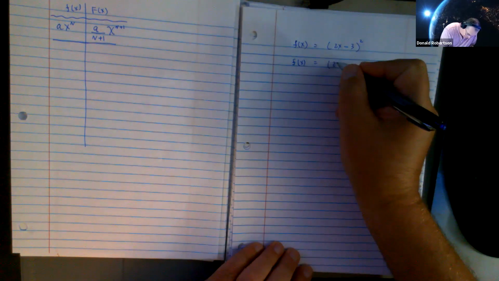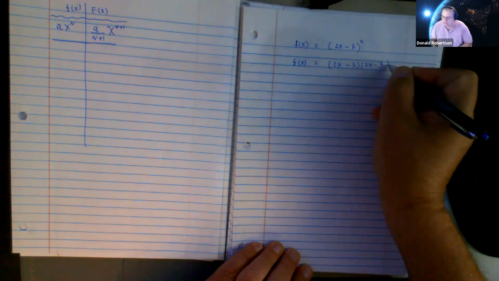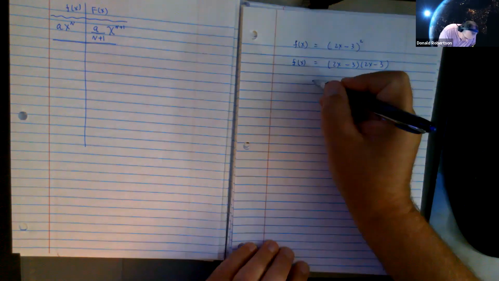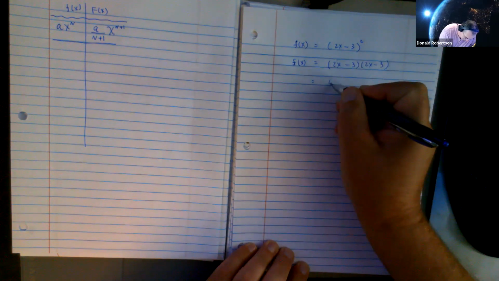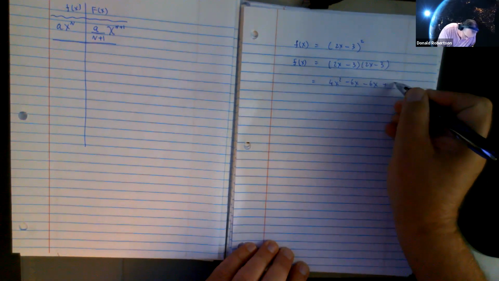So what I would suggest you do in a question like this is to FOIL it. Yes, foiling is still allowed. Those of you who thought I finished with factoring and foiling, that was my Math 99 stuff, you are wrong. That's 4x squared, take away 6x, take away 6x, plus 9.